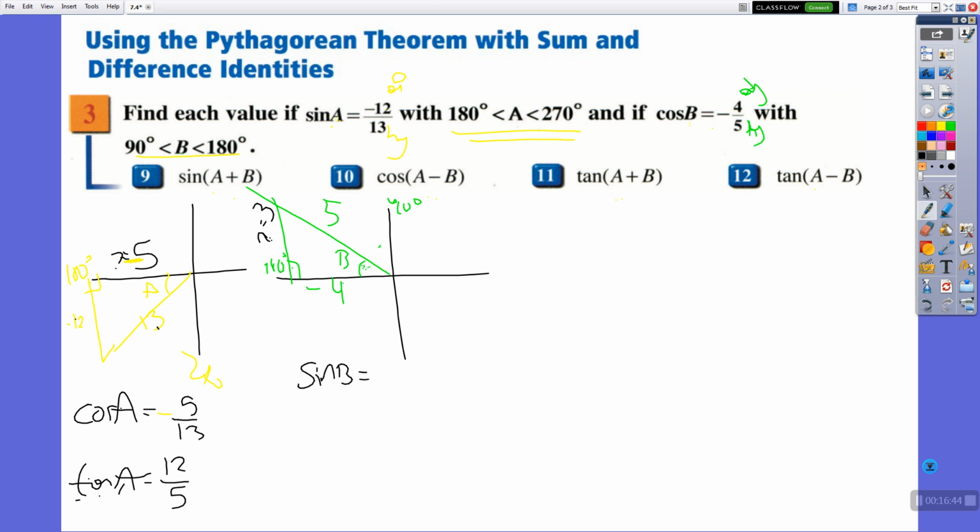Sine B, opposite over hypotenuse, so 3 over 5. Tangent B, opposite over adjacent, 3 over negative 4. So we found everything that we need to solve these questions. So let's start solving them one by one.